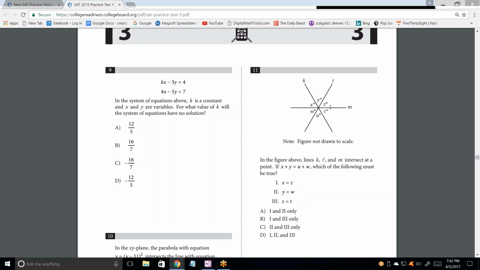Those three lines intersect at a point, and these are the angle relationships: if x plus y equals u plus v.